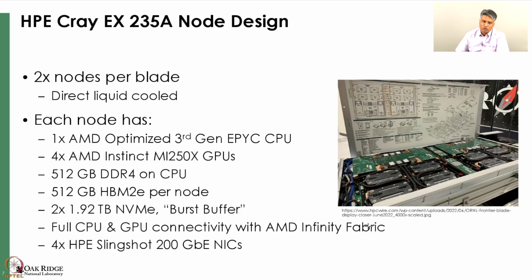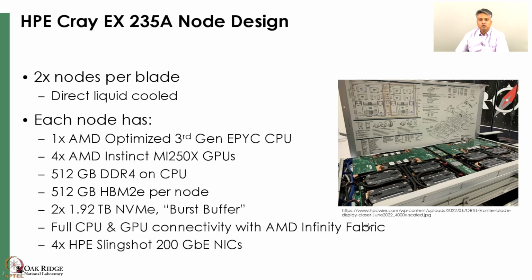As I mentioned, each node is a shared memory machine by itself and has one AMD optimized third generation EPYC CPU which has about 64 cores. Each node also is connected with 4 AMD Instinct MI250X GPUs. Each CPU has a device memory of 512 gigabytes, and there is 512 gigabytes of high bandwidth memory per node.